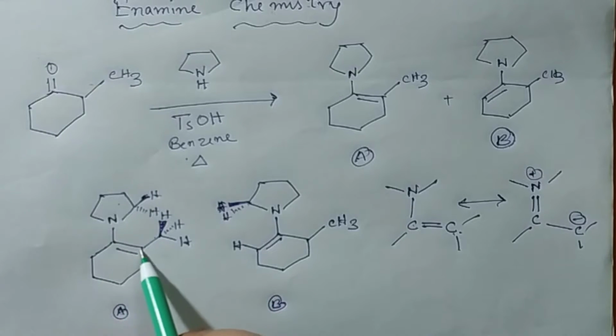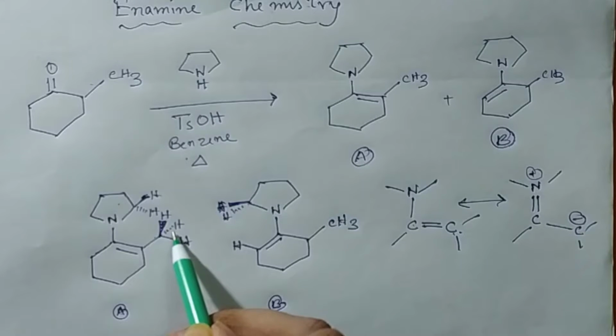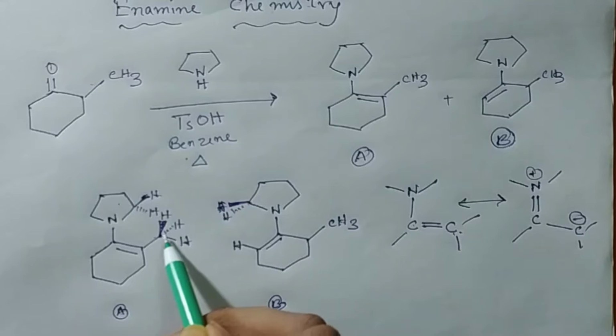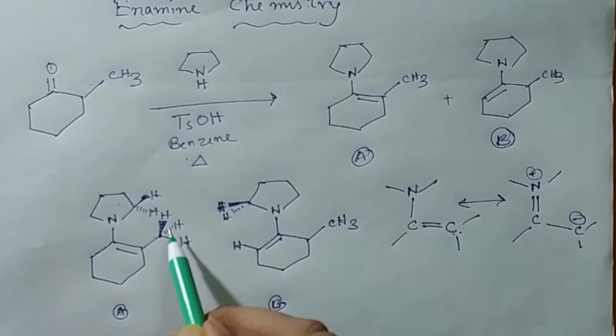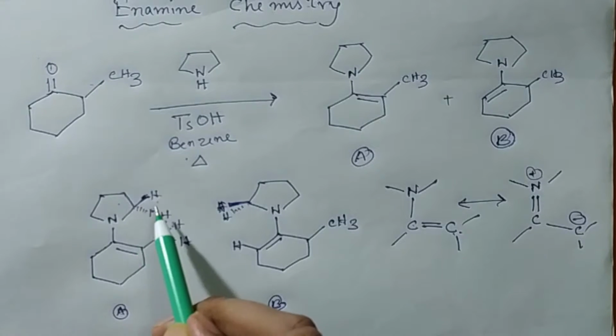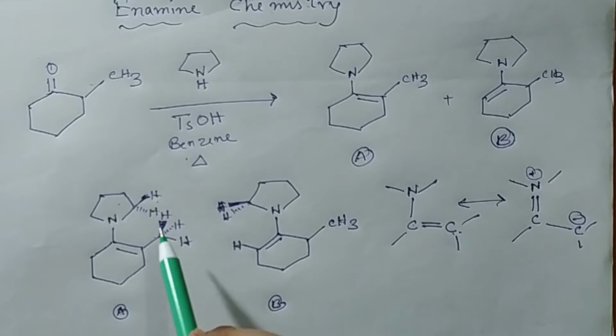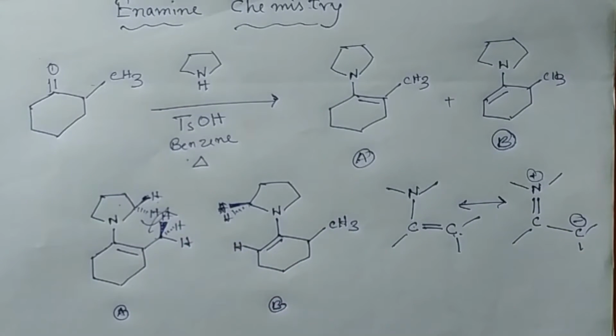The attached CH3 carbon is sp3 hybridized, so its hydrogens are spatially distributed at almost 109 degrees, and here is also an sp3 carbon which also has two hydrogens. So the hydrogens from these two carbons are very close to each other, and they experience severe repulsion and steric hindrance among themselves.